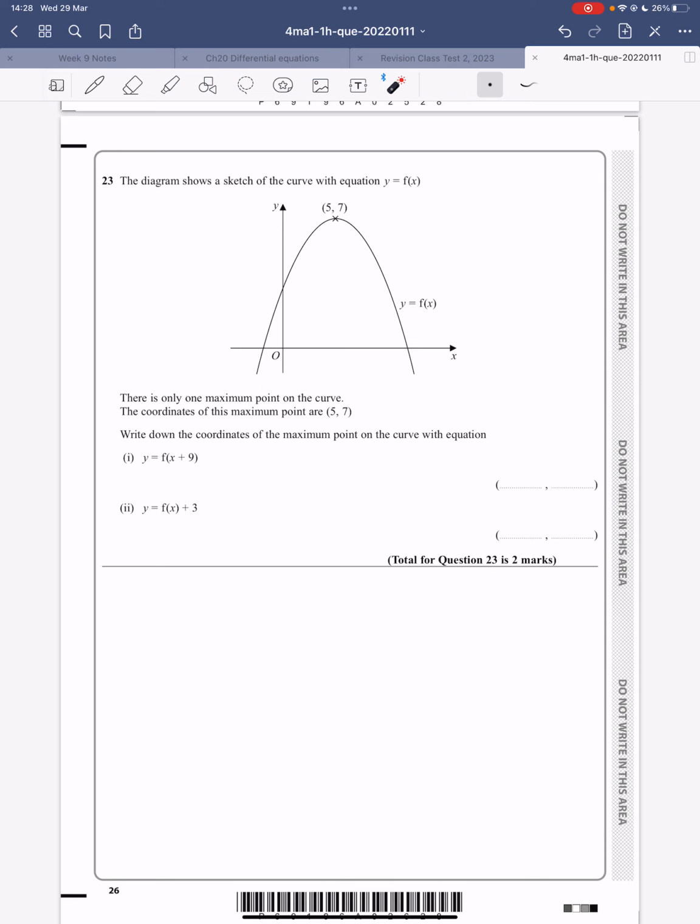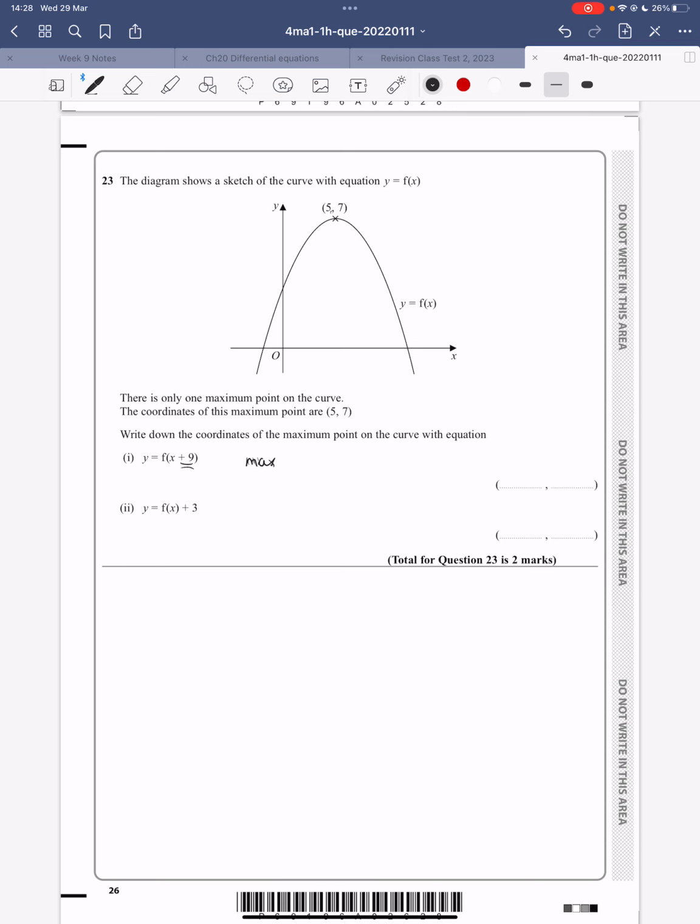So what happens there? If it's plus 9 inside the brackets, you take 9 off the x coordinate to find the x coordinate of the maximum.